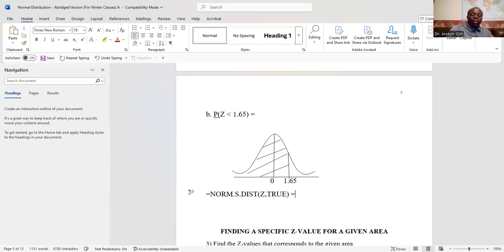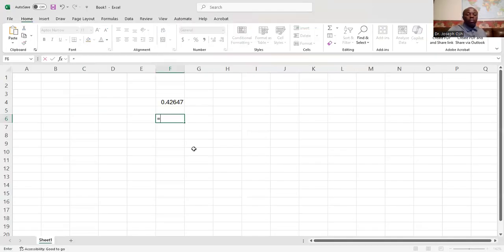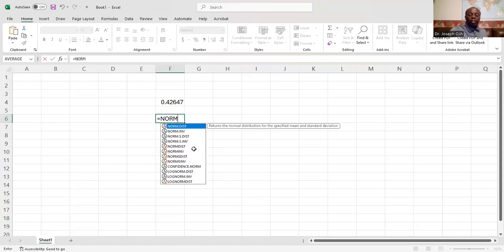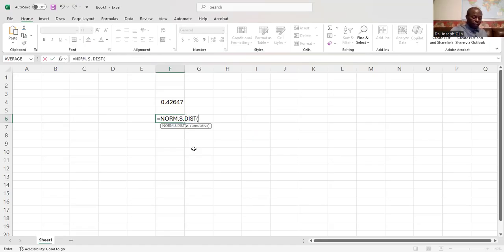So let's go and type it in Excel. The number I'm looking for is 1.65. So you go to Excel and type equals NORM.S.DIST, 1.65, which is given, comma, true.